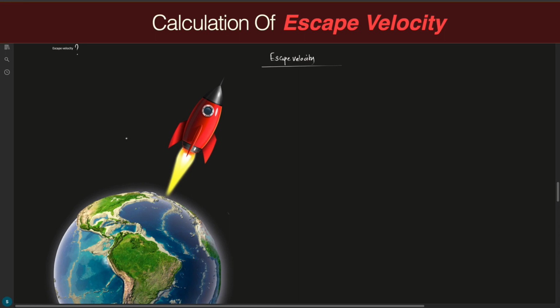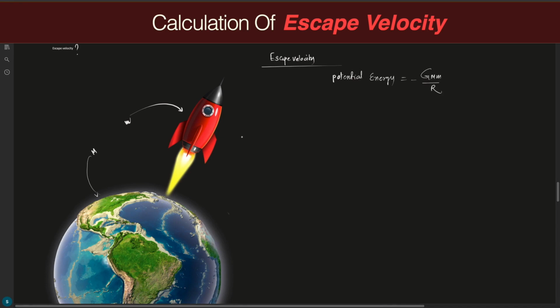If the mass of the earth is capital M and the mass of the object is small m, then the potential energy is equal to minus GMm by r, right?